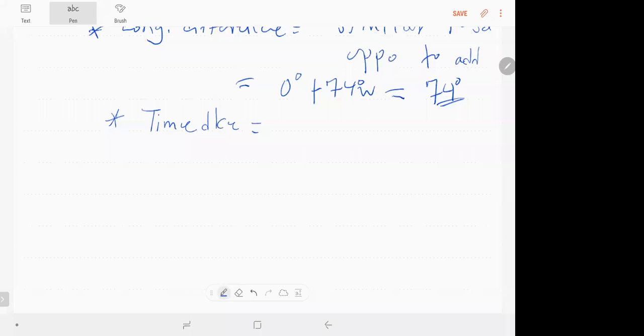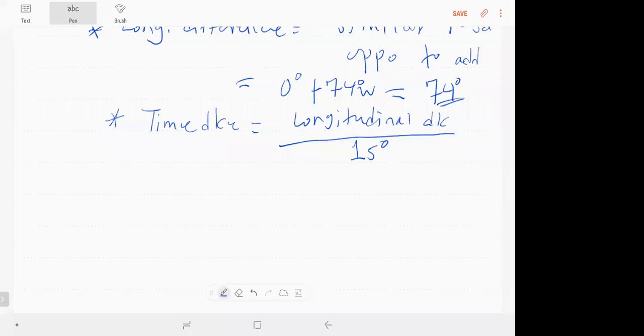Time difference is equal to the longitudinal difference over 15 degree. 15 degree is what?